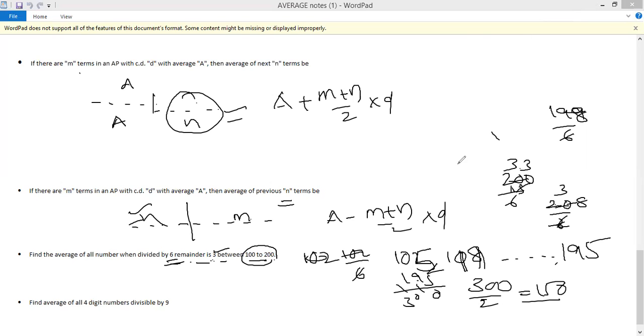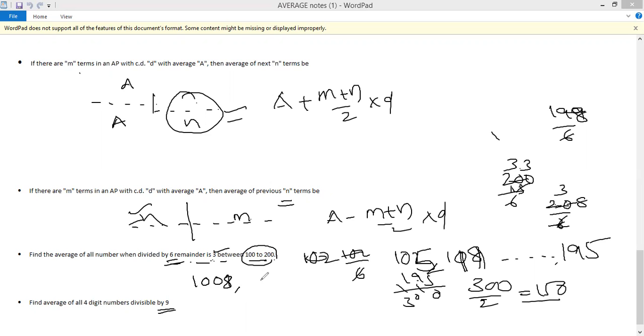Next. Find the average of all four digit numbers divisible by 9. All four digit numbers divisible by 9. What are four digit numbers? Suppose take 0001. Will this divide by 9? No. Okay. This one? Yes, this will divide.